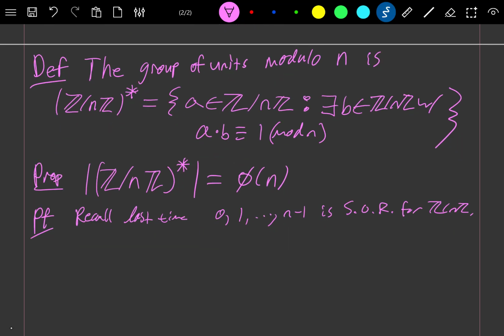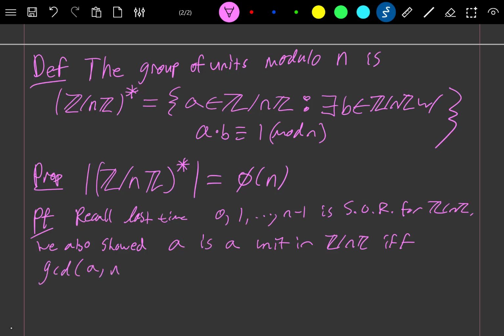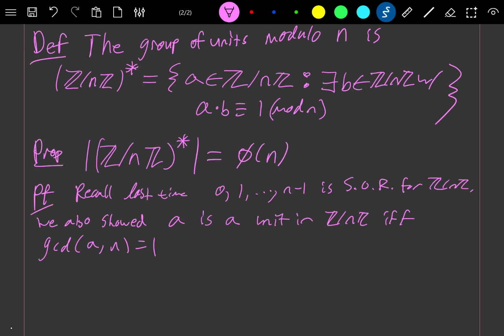We also showed that A is a unit in Z mod nZ if and only if the GCD of A and N is equal to 1. And to give a quick refresher of the proof, use the extended Euclidean algorithm.